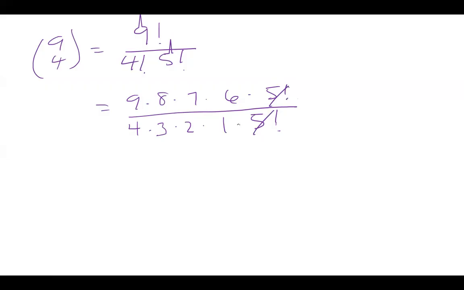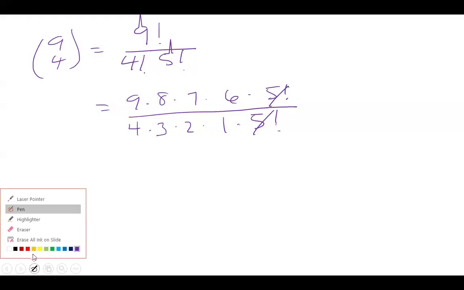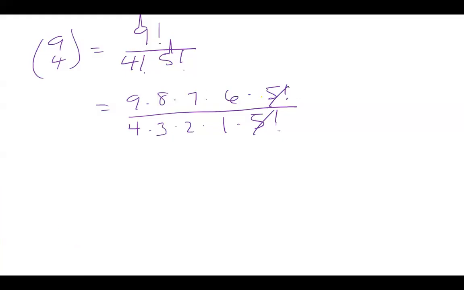Okay. Now, when you're at this point, it's just a game of multiplication and reducing. These are all the numbers that I'm left with, and I'm going to reduce them. You have the choice to multiply and have big numbers or reduce and have smaller numbers. Does that make sense? So 9 can be reduced by using the 3, correct? I can divide 9 by 3, and this becomes a 3.